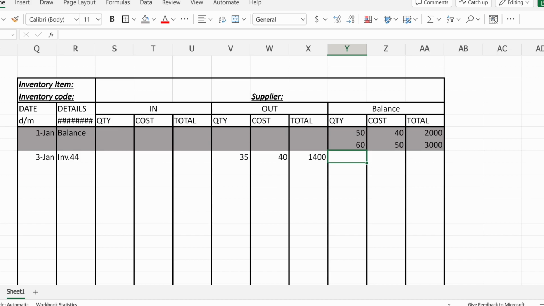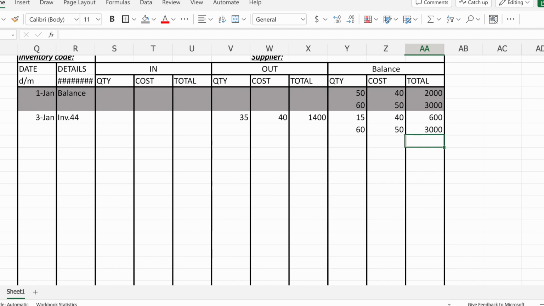And now the balance of each inventory. Since it costs $40, the 50 quantity is reduced by 35, in which there's 15 left over, and then you do 15 times 40, $600. And then the $50 one is not touched, so it still remains the same.